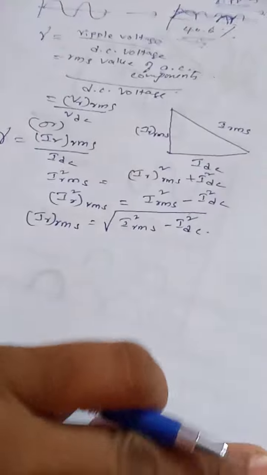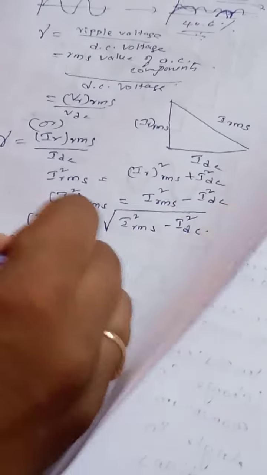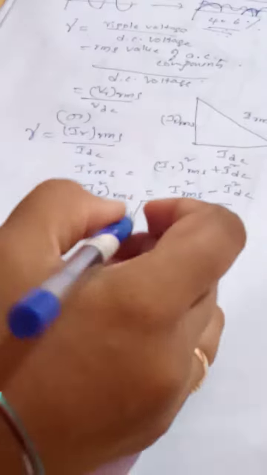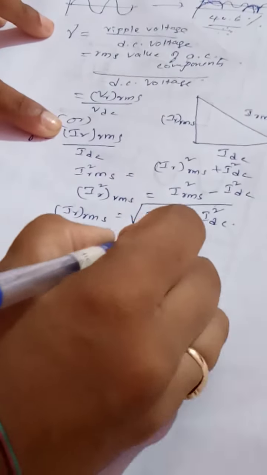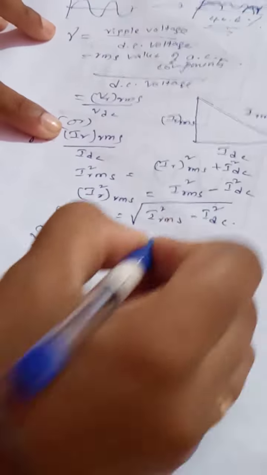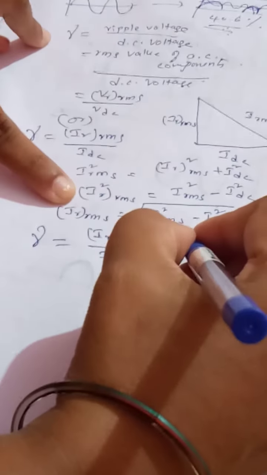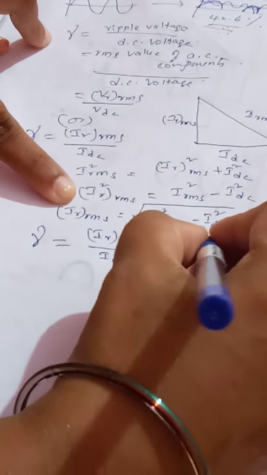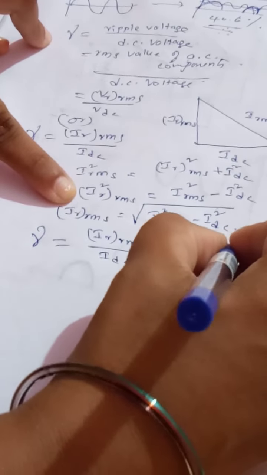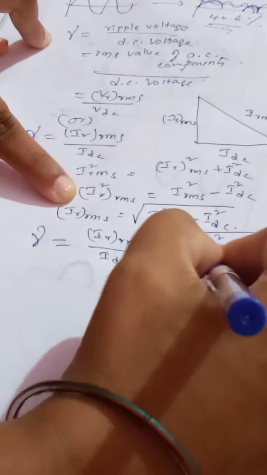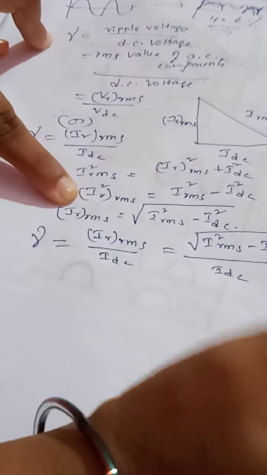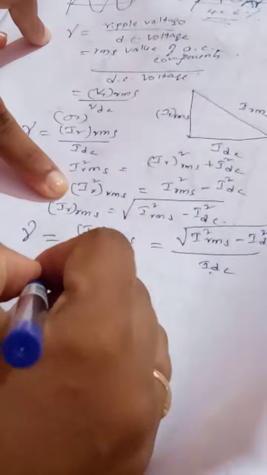Now let us substitute this in ripple factor. Ripple factor means I_R RMS by I_DC, so it is under root I squared RMS minus I squared DC, by I_DC. Now let us take this I_DC into the root.